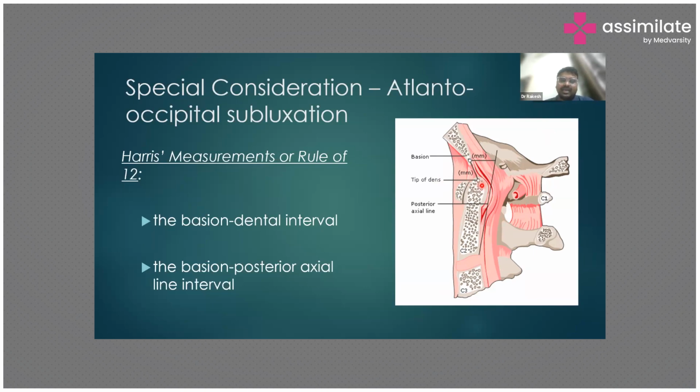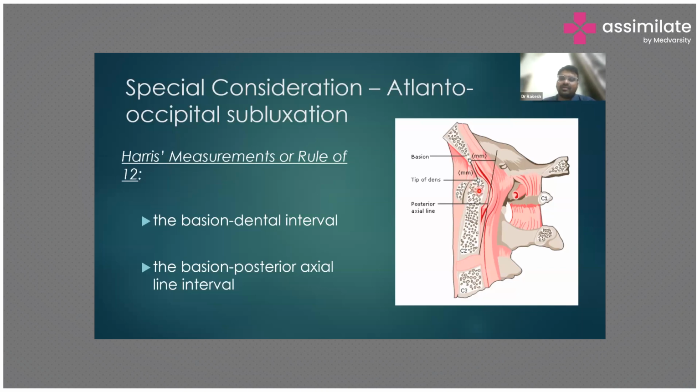And the distance between your basion and the posterior axial line, this is your posterior axial line, should also be less than 12 millimeters.